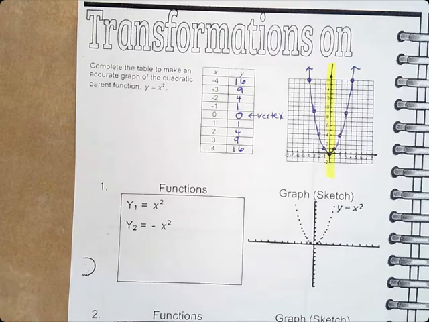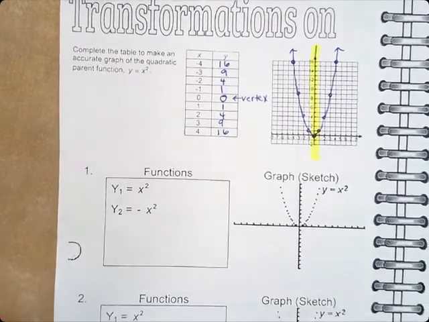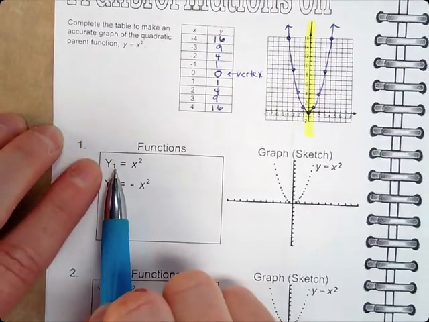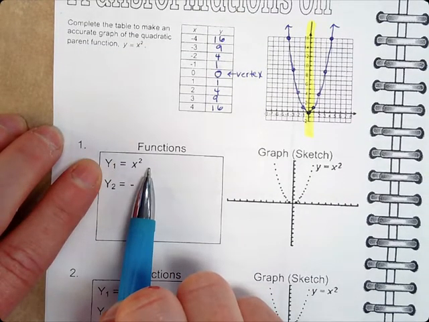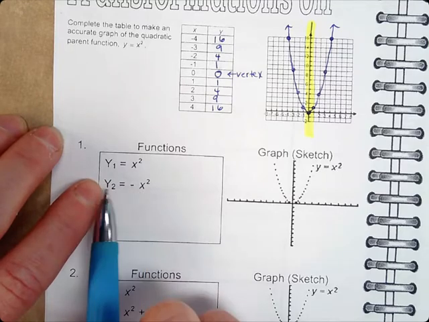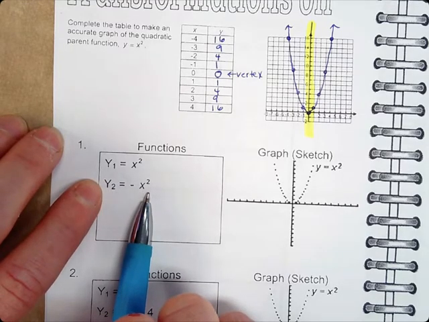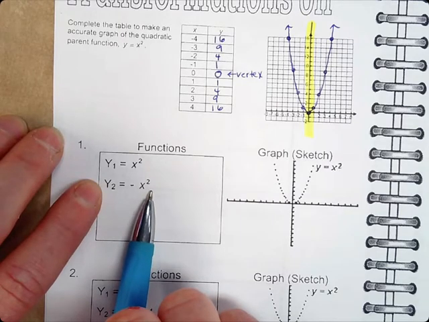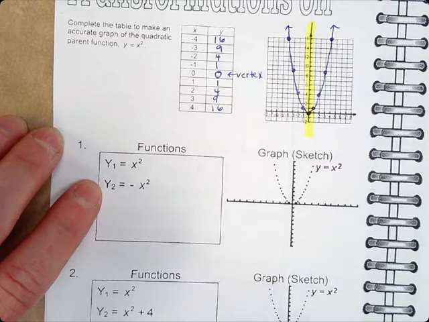Okay, so with your table group, you are going to compare each one of these. See how the y1 is our quadratic parent function, and then y2 is a new function? You're going to sketch the graph and then also explain what is the transformation. Okay, so go ahead and do that. You have 7 of those.